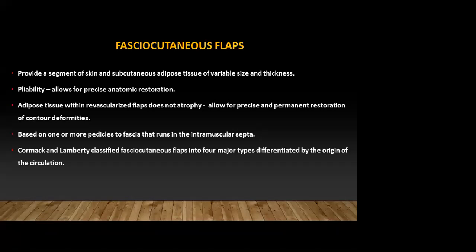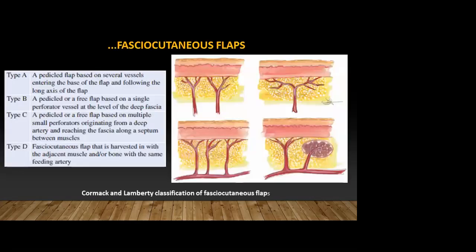When we look into the classification of the fasciocutaneous flap, Cormack and Lamberty classified the fasciocutaneous flaps into four major types, differentiated by the origin of circulation. The first one is type A. Type A is a pedicled flap based on several vessels entering the base of the flap and following the long axis of the flap. And type B is a pedicled or a free flap based on a single perforator vessel at the level of the deep fascia.